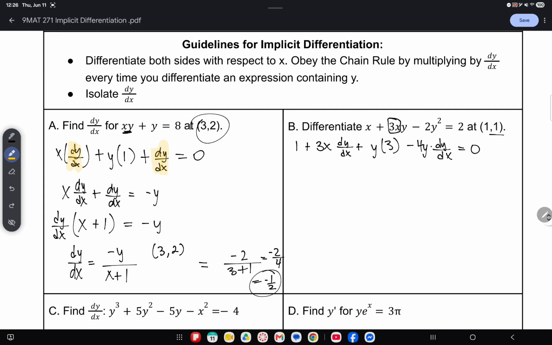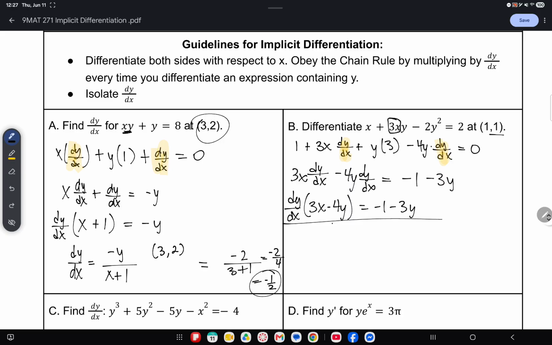Let's isolate that dy dx again. So let's move everything else. So I have 3x dy dx minus 4y dy dx. I'll subtract 1 and subtract 3y. I'll factor out the dy dx. And then divide both sides by that 3x minus 4y.